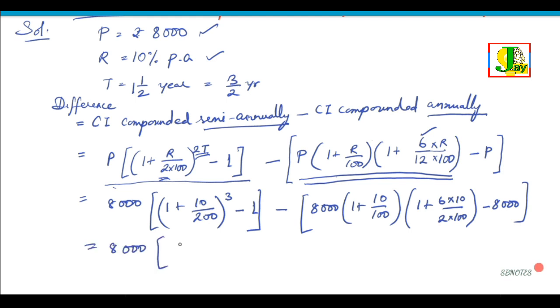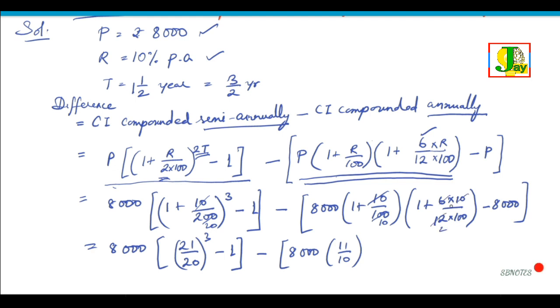Okay, 21 by 20. 10 goes 20 times. 21 by 20 cube minus 1, minus 8000 into, 10 goes 10 times, so 11 by 10, into 6 by 12, goes 2 times. 10 goes 10 times, so this is also 20, so 21 by 20, minus 8000.